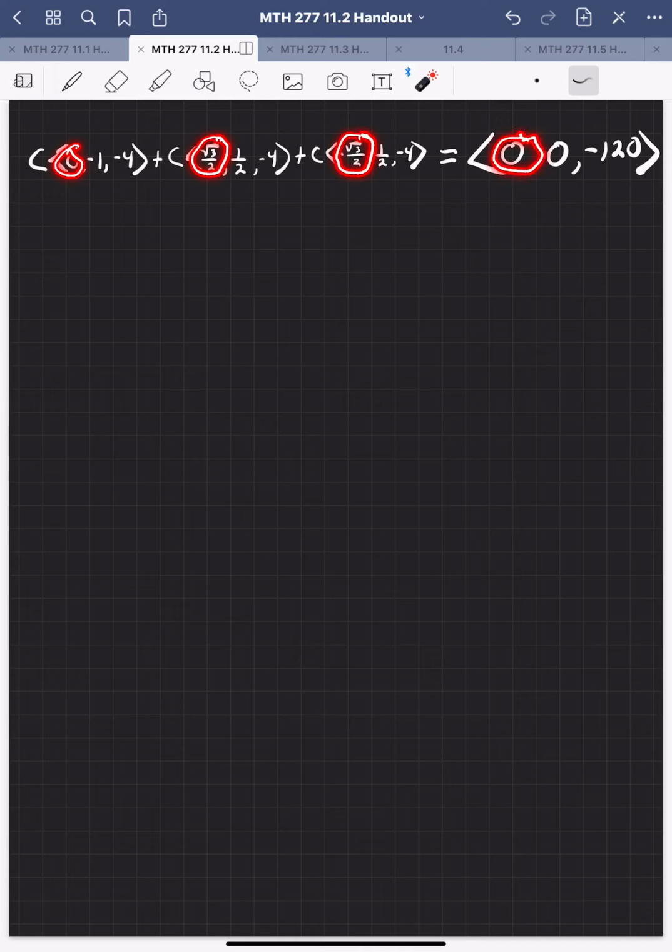Of course. These cancel. And for the y components, we have a half plus a half, which is 1. So 1 minus 1 is 0. So in actuality, all we need to worry about is the z components here.